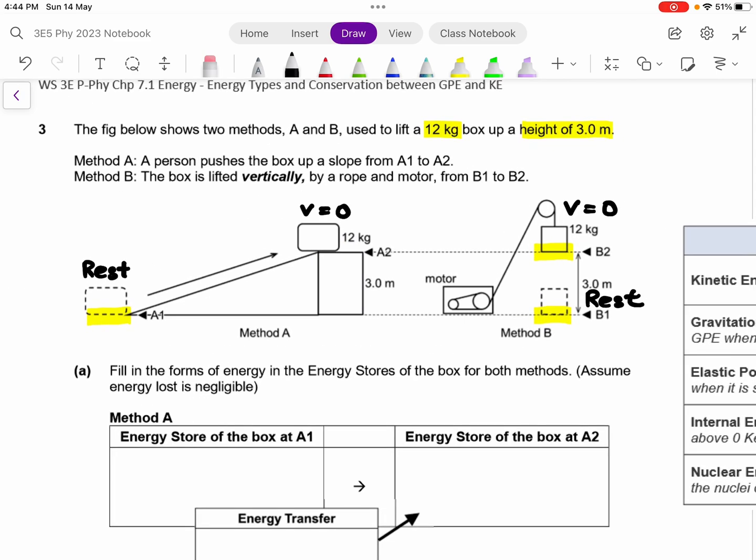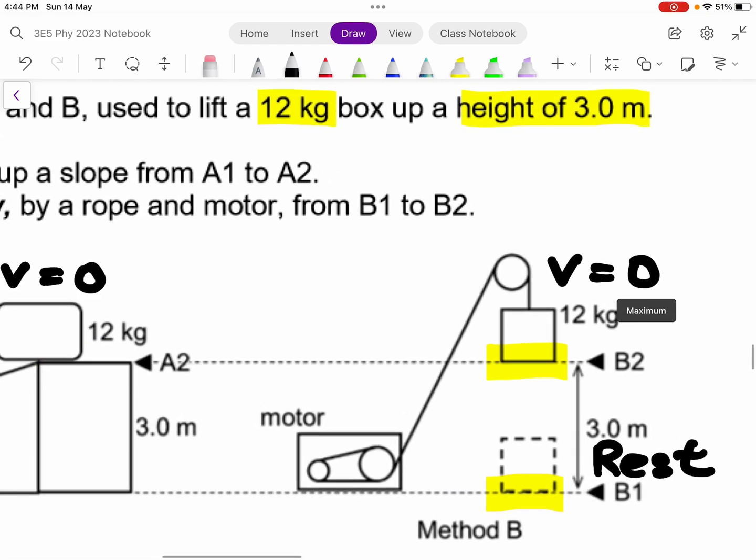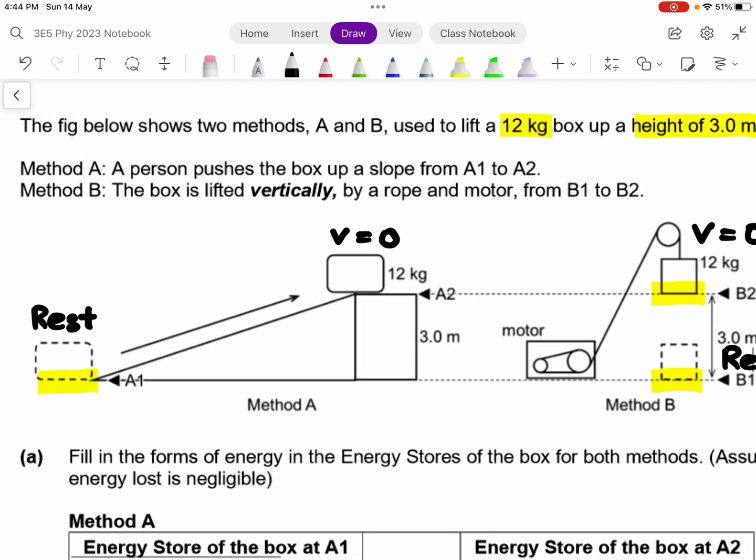So actually the first challenge of attempting the energy question is how students interpret the question, because most beginners will imagine that the box is still moving at the top of the slope, or at the top of the pulley there, right? Or that maybe at the beginning the object is already moving.